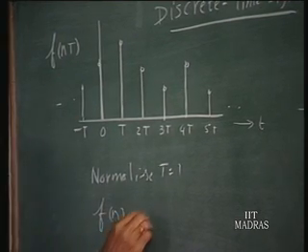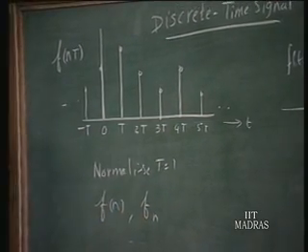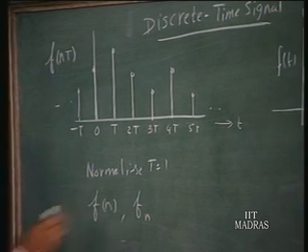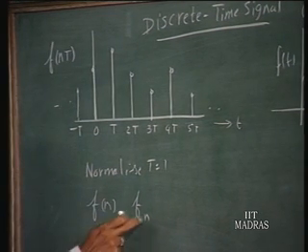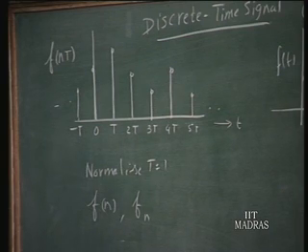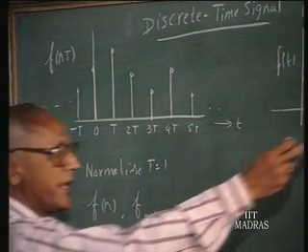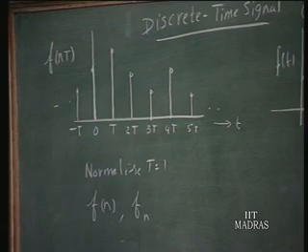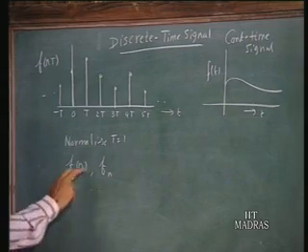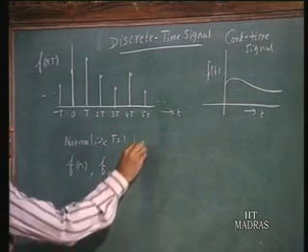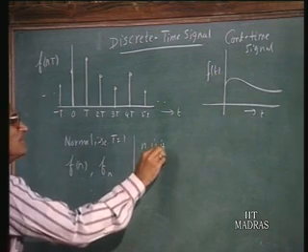Another notation for this is f_n. So this is more compact. Sometimes we use f as a function of n or f suffix n. In contrast to the continuous time signal, where t is the independent variable, here the independent variable is n. So n is the independent variable.